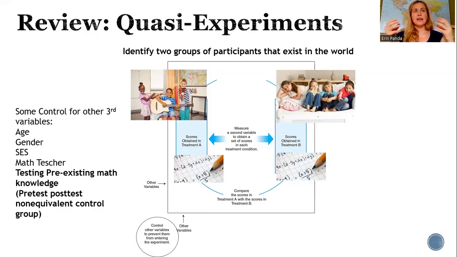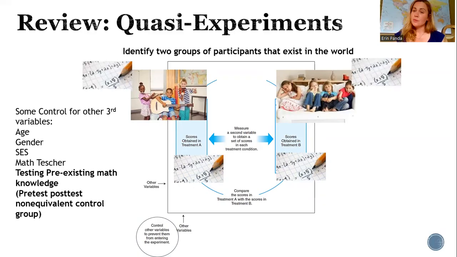So we would recruit kids in such a way to ensure that there's no difference in their SES, or like we talked about last week, we could also measure their math scores before and after getting music, or getting a similar time period where they got nothing, and look to see if our music kids make a greater change than our non-musician kids. We called this a pre-test, post-test, non-equivalent control group design.